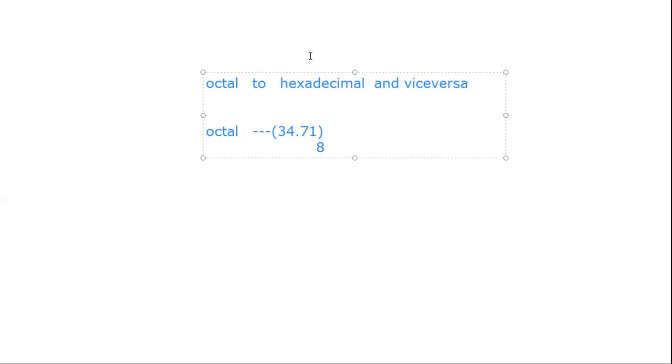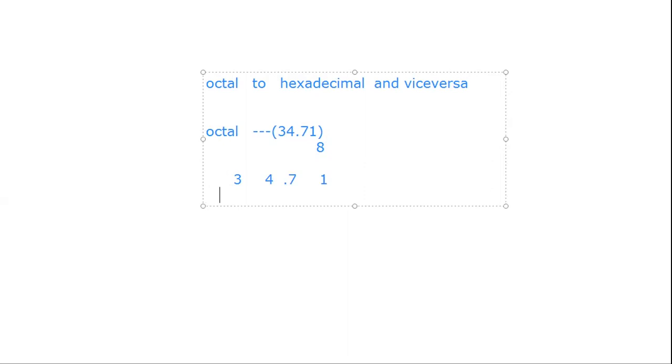చూడండి, ఈజీగా మనం ఎలా చేయొచ్చు అంటే, first write down the octal number, that is 34.71. First that will be converted into binary. Easily we are converting.